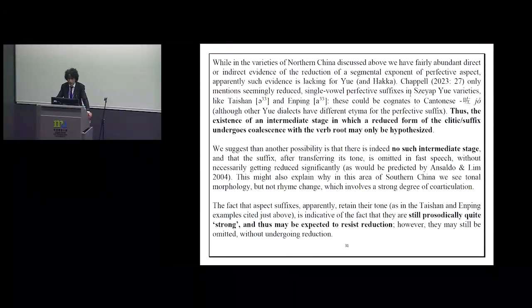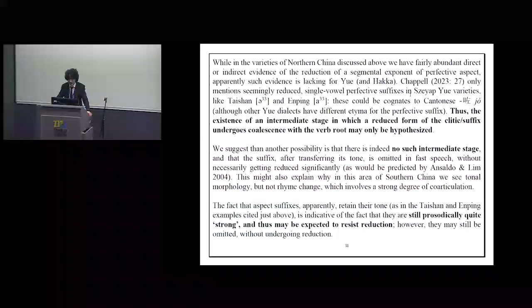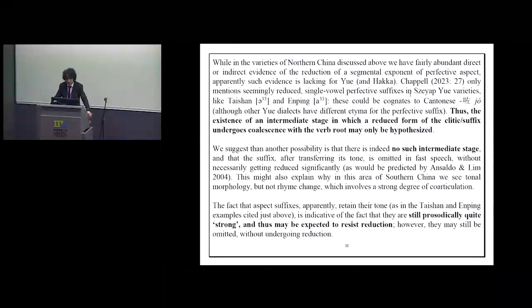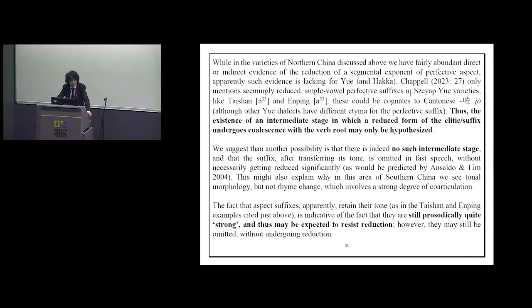You don't have direct evidence of a stage where the suffix was reduced or anything like that. So the existence of an intermediate stage in which a reduced form of the clitic or suffix undergoes coalescence with the verb may only be hypothesized, and I honestly think that there is no such intermediate stage.